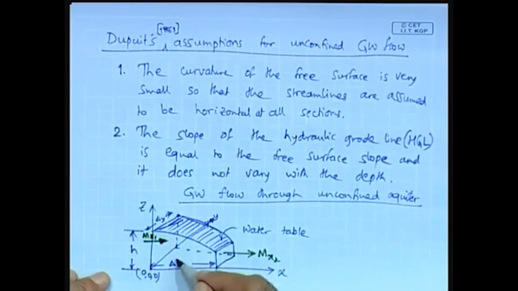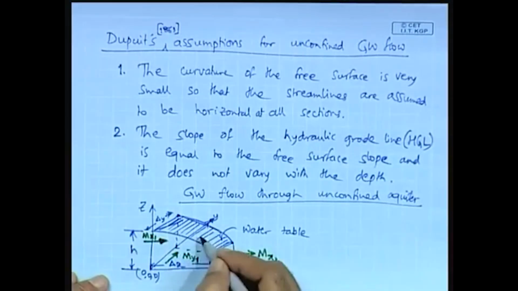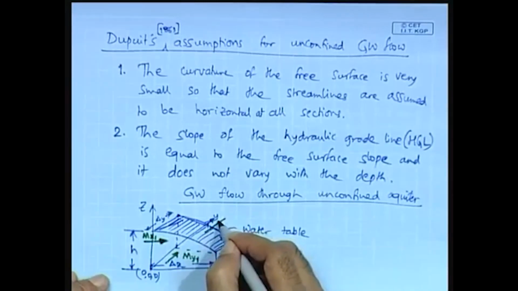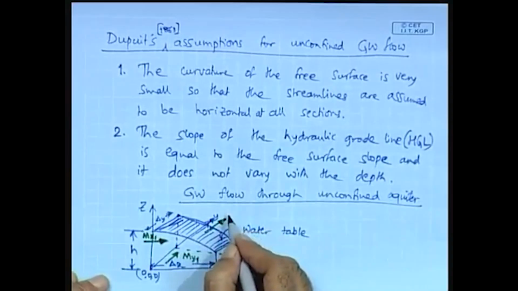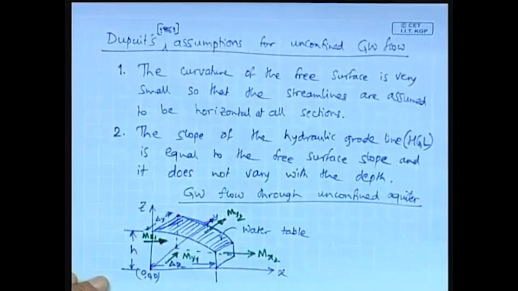Similarly, the groundwater inflow in the y direction, let us take this to be my1 and the groundwater outflow through the other face in the y direction, let us take this to be my2, and this is the water table.